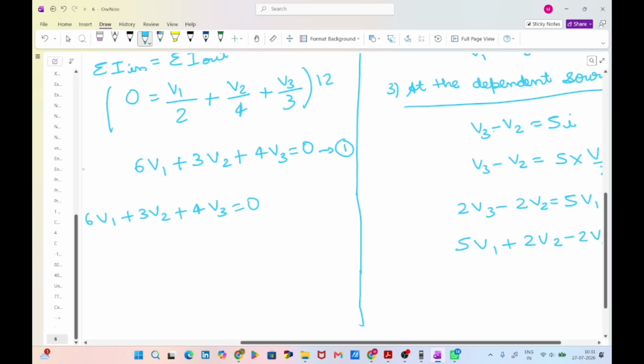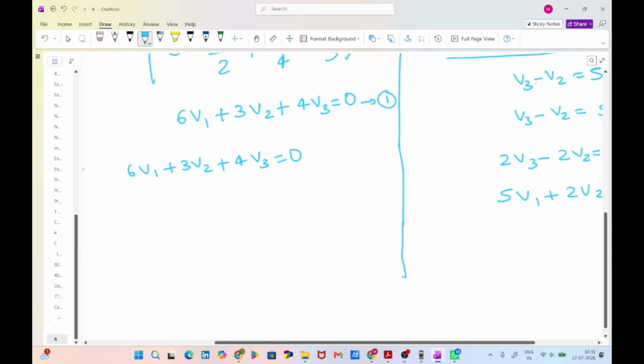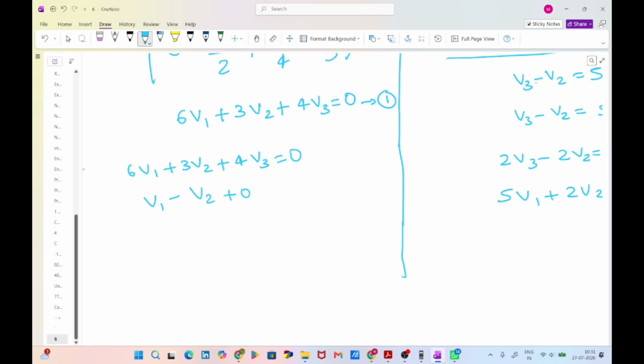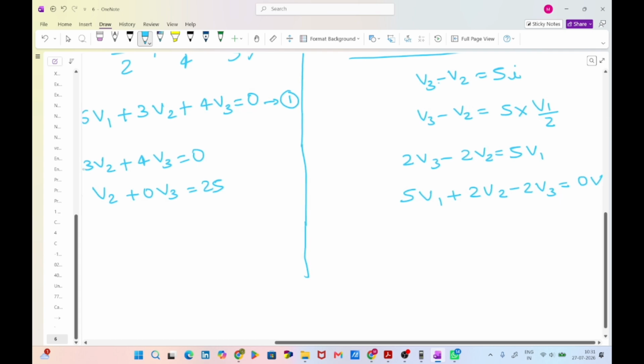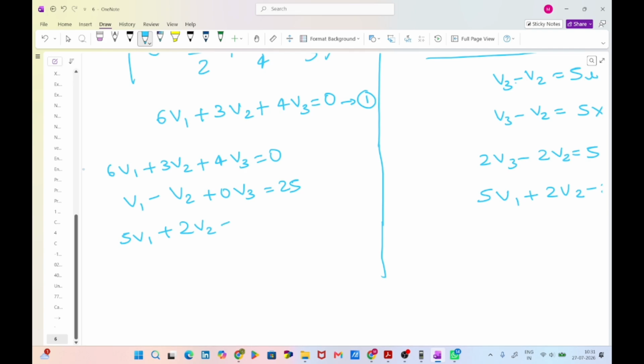The second equation is V1 minus V2 plus 0 V3 is equal to 25, and then 5V1 plus 2V2 minus 2V3 is equal to 0. This one is equation 1, this one is equation 2, and this one is equation 3.